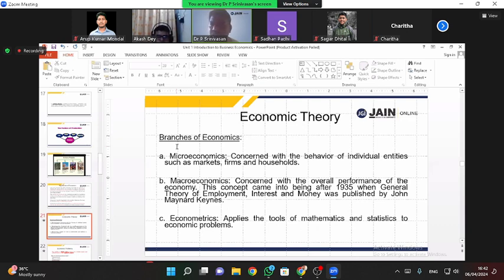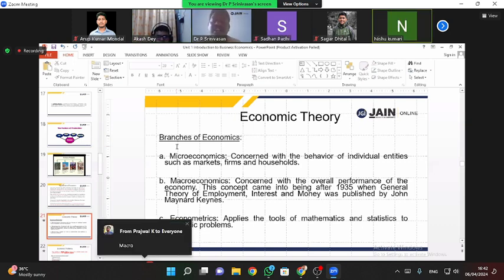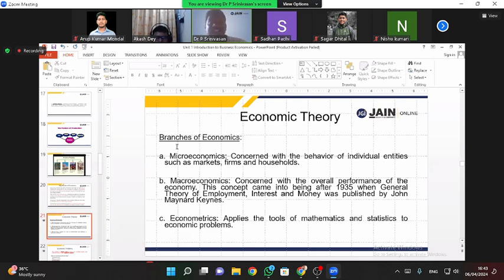Is GST micro or macro? Macro, very good. It is not in the control of a particular business firm's CEO or CFO. It is an external factor that affects business operations.